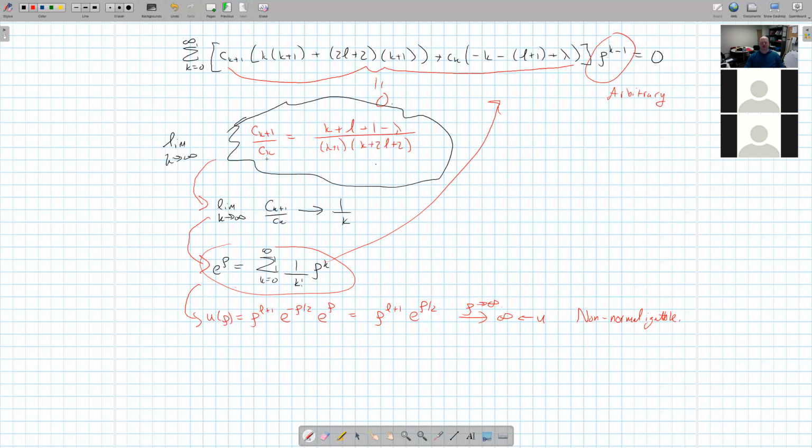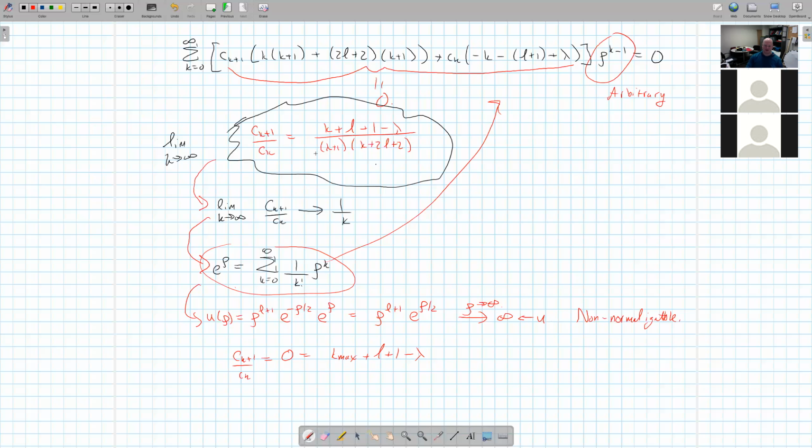So the only way to get around that is to what? What has to be true is that we can only sum out to some maximum k value, where that maximum is when this numerator goes to 0. So that imposes on us that we can only sum out to a k max, where c_{k+1} divided by c_k must be equal to 0, which is then equal to k max plus L plus 1 minus lambda.